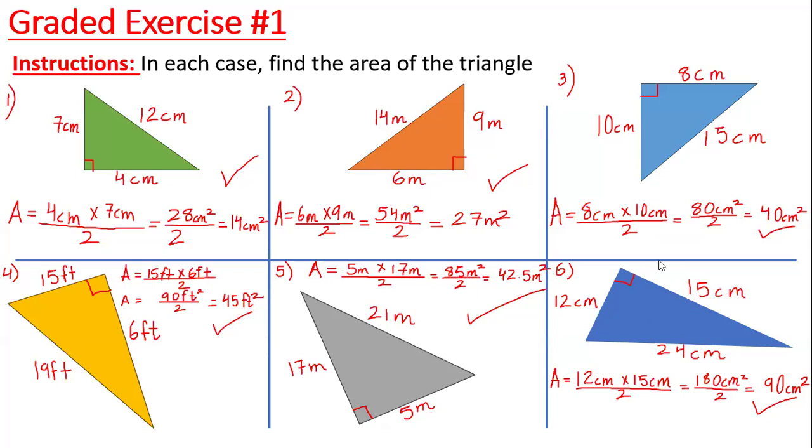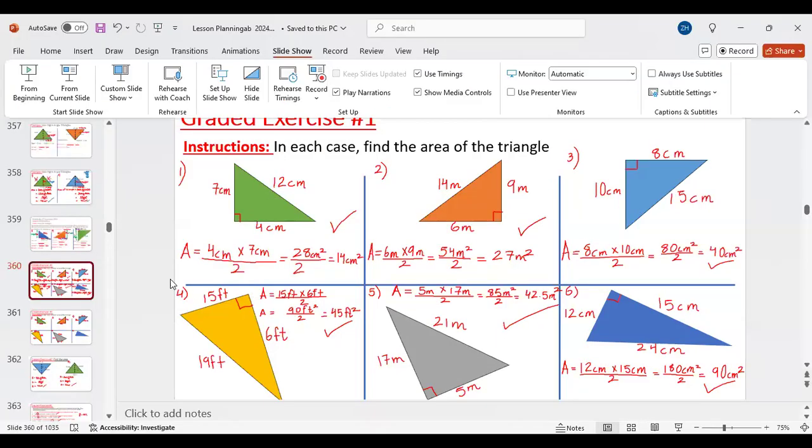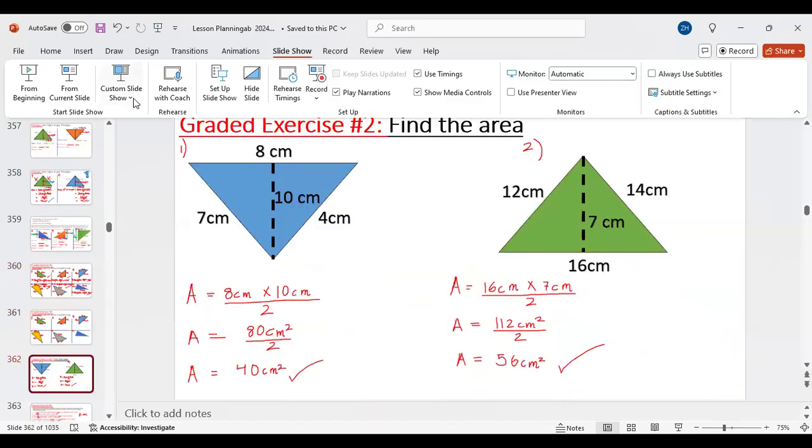Number six, I didn't give you the numbers, but it's 90 centimeters squared. I got 1 through 5. I got all right. I got 4. I was unable to finish. I did as well.